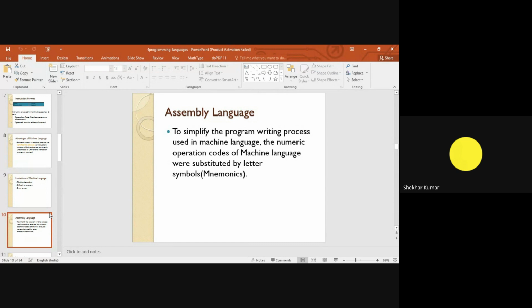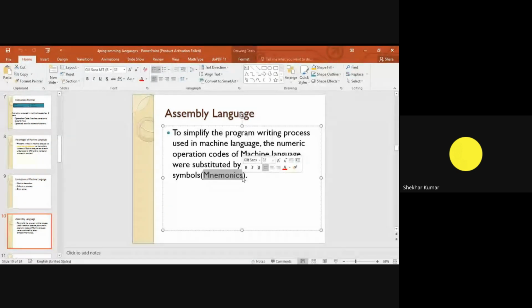To simplify the program writing process, the numeric operation codes of machine languages are substituted by letters and symbols. These symbols are called mnemonics, because the instructions and variables have very specific names, or commands, instead of just binary numbers.